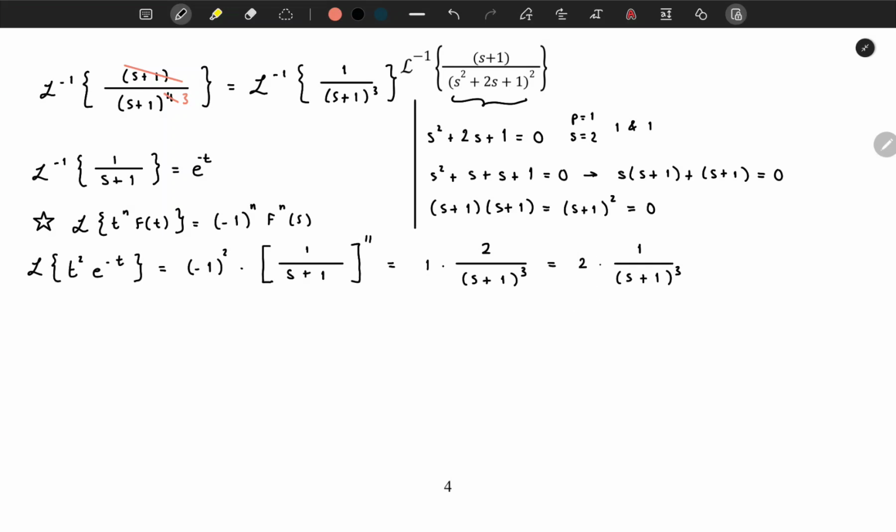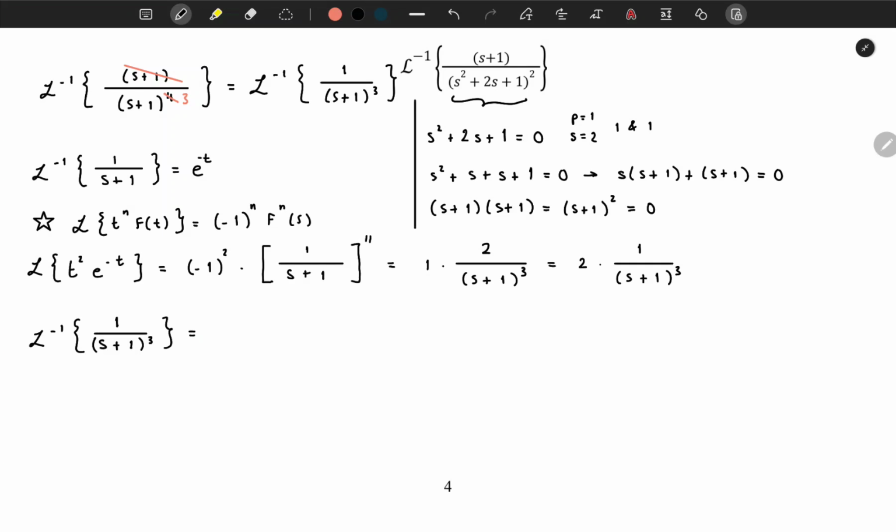What does this mean? Recall that we are trying to find the Laplace inverse of (s plus 1) over (s squared plus 2s plus 1) squared, which once you simplify it is essentially 1 over s plus 1 cubed.